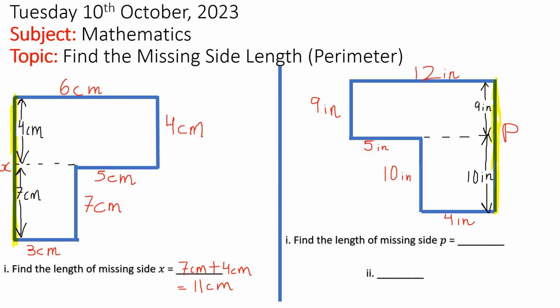So in order to get the length of the missing side P, we have to add 10 inches plus 9 inches. You get 19 inches. How many persons had 19? Me, I had 19. Very good. 19 inches is correct.